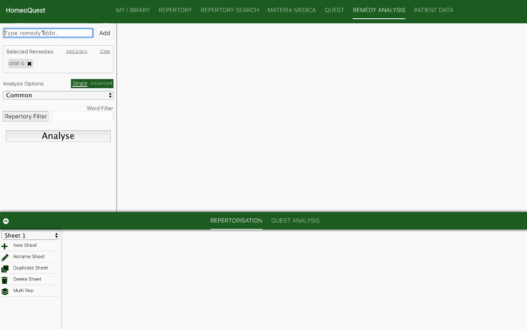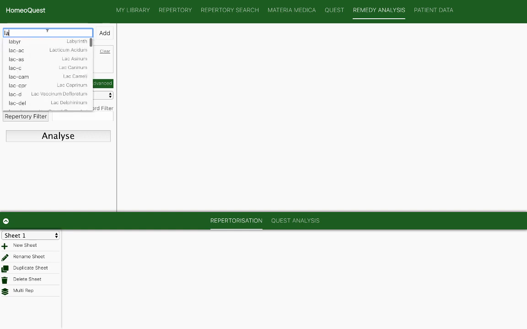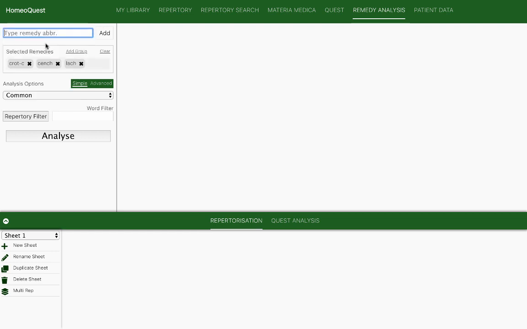So this remedy selected, and the other one I'm going to select is Cenchrys. Okay, and so these are two snake remedies, and I want to understand the fine-tuning things between these two remedies. And you see, you can select as many remedies as you want, and of course Lachesis, how can I forget that? So Lachesis came up as well.